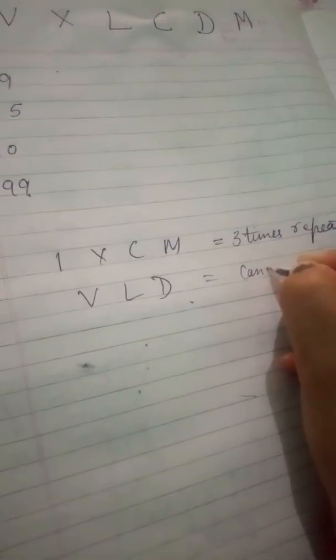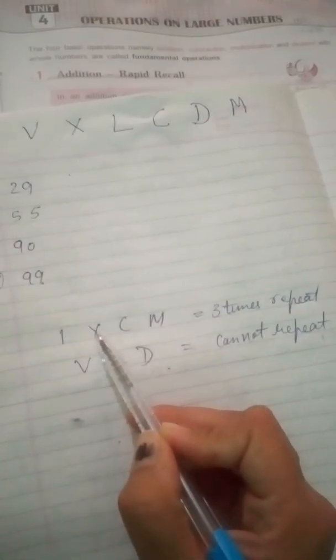And the remaining V, L, D, we cannot repeat. So according to this we have to work. So I can repeat this 3 times. So I will take X. 10 means 10 and 10, 20. Okay.